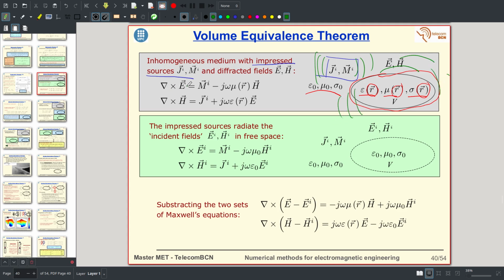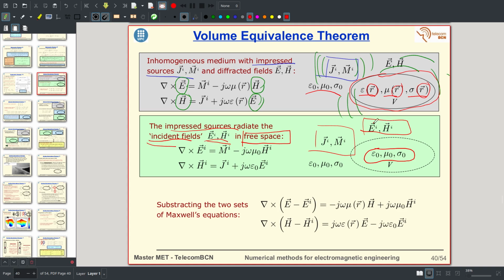And overall, we have electric and magnetic fields that are different to those that would be produced by the impressed currents in free space. In fact, we define as incident fields the fields produced by the impressed sources in free space. So, if we replace our object with free space, and we have free space everywhere, the impressed currents produce some fields that are called incident fields.